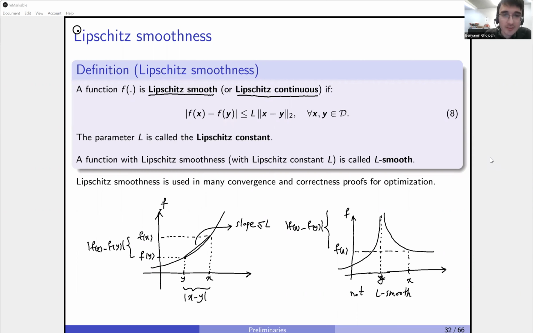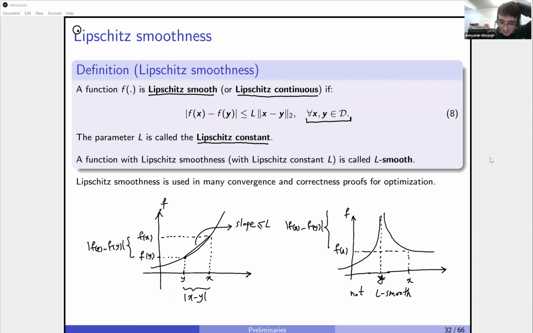It says that the absolute value of f of x minus f of y, for any two points x and y in the domain of the function, it means that it doesn't matter f of x minus f of y or f of y minus f of x, is less than or equal to L. L is a parameter of Lipschitz, called the Lipschitz constant, times the second norm of x minus y.